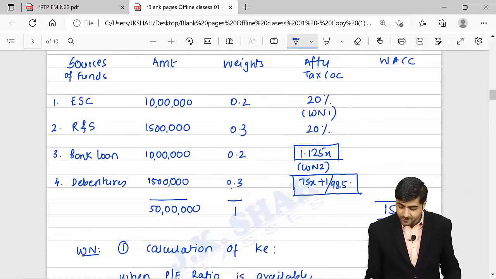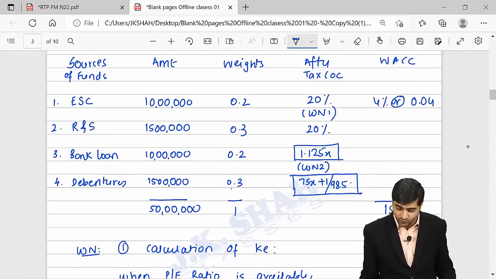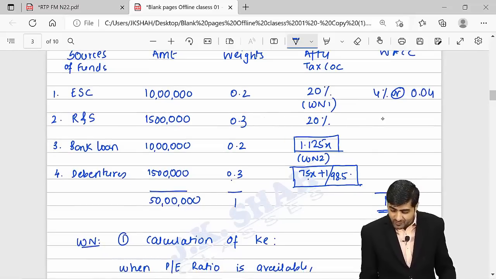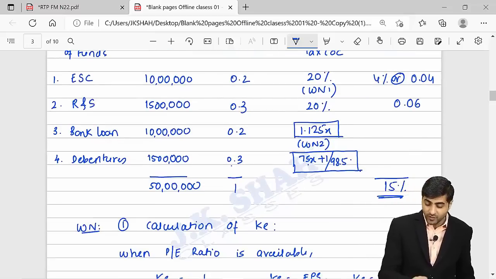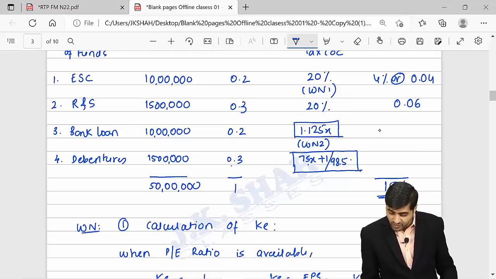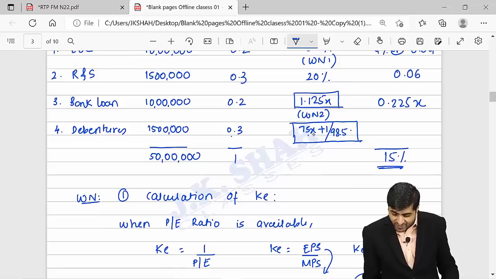So now this will be 20% into 0.2, which is 4%, which I can also write as 0.04. This will be your 6%, which can be 0.06. And then this will be 1.125, which I'll multiply by 0.2. So that's going to be your 0.225x. And this is 75x plus 1 upon 98.5.